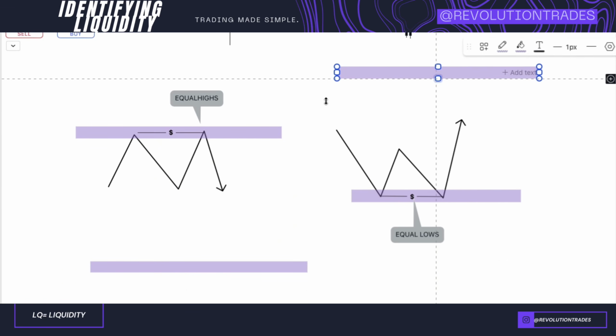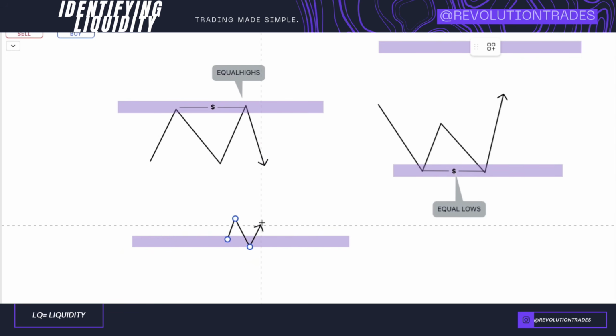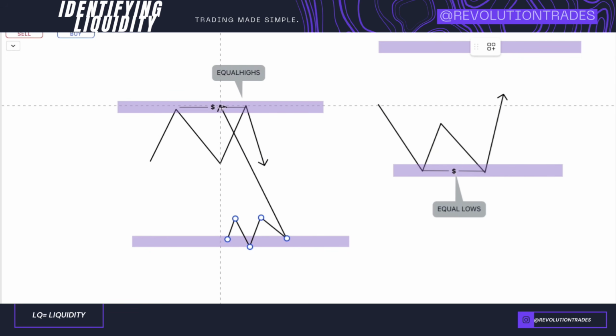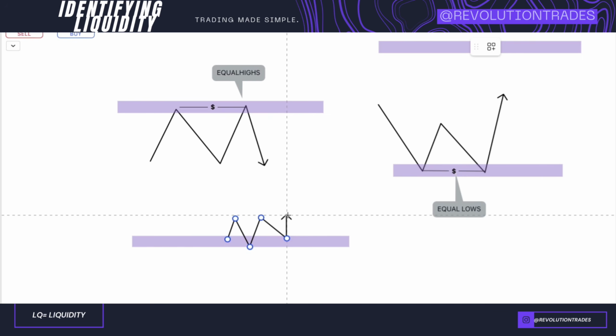Let's say, for equal highs first, when you are here, let's say these candles here, and you're at this support zone, you see these equal highs at this resistance zone. Let's say you just happen to draw a resistance zone, or you look left and you see equal highs being presented.